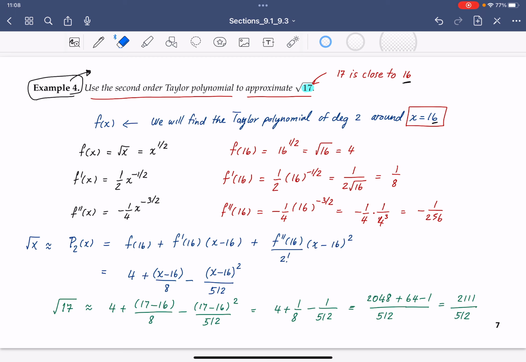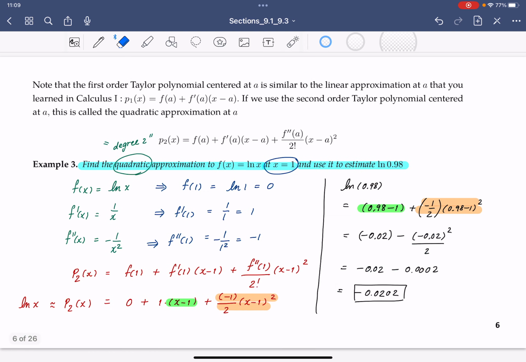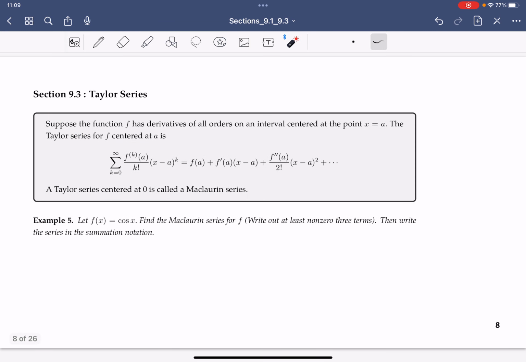This is why, when I write the exam, we're going to specify what center and what degree you have to use, so everyone gets the same answer. So be sure that you know how to do it when the degree, the center, and the function are given.